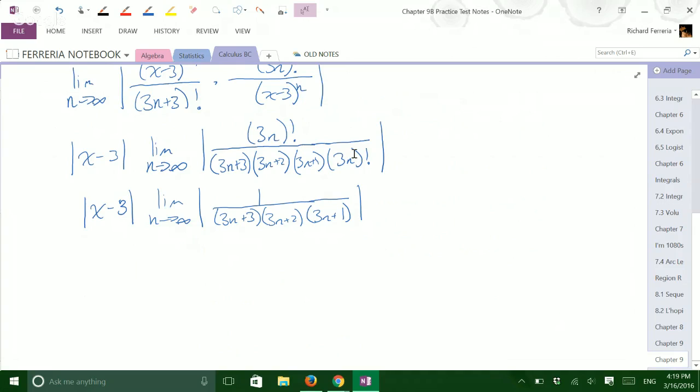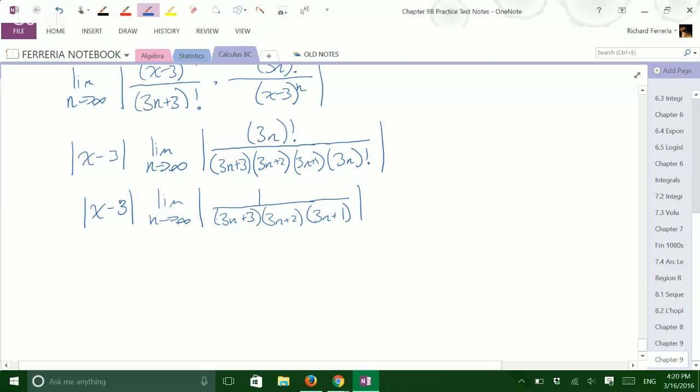Once we get to 3n, we stop writing all the integers because we see that it's going to cancel out with the numerator. So there's no reason to keep writing 3n multiplied by 3n minus 1 multiplied by 3n minus 2. All the other ones aren't factorial; those are the ones where you terminate writing out. That last one's factorial. You stop basically when the numerator and the denominator have the same factorial.